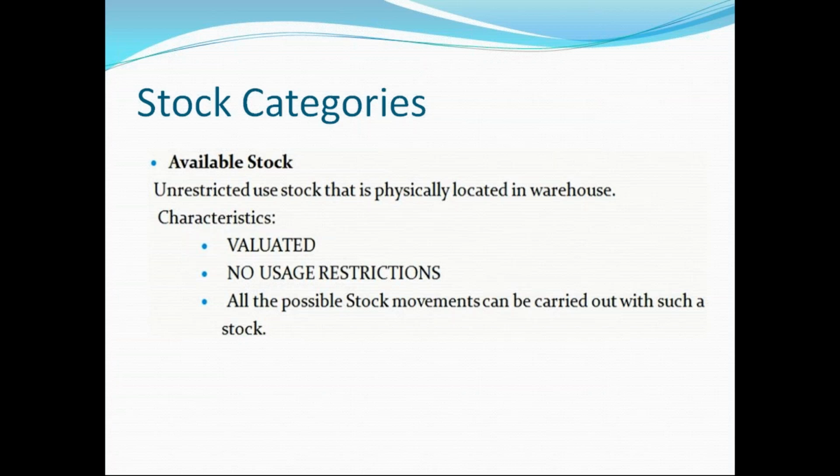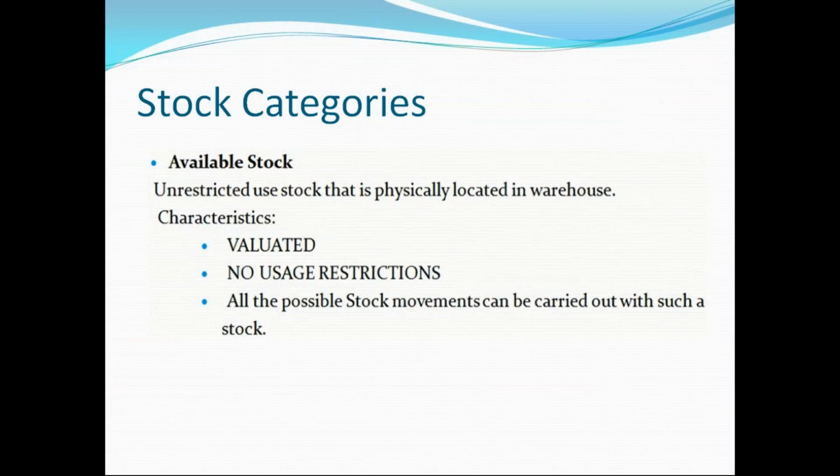So it is very much important to understand how much unrestricted stock is available in a particular bin, or a particular warehouse, or in a particular IM location, for understanding the various future use in the warehouses.